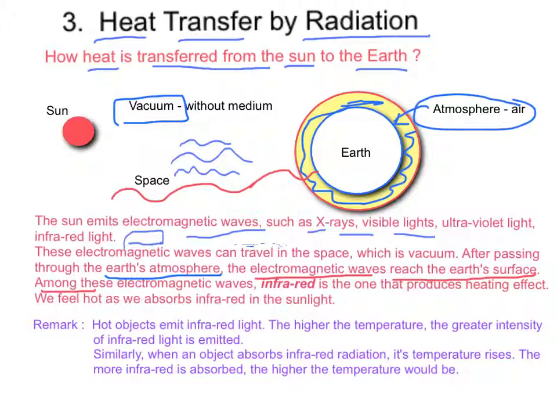Among all these electromagnetic waves, infrared 紅外線 is the one that will produce a heating effect. We feel hot as we absorb infrared light.